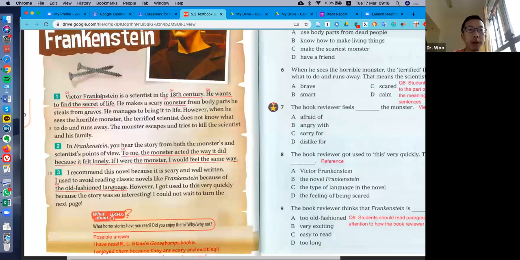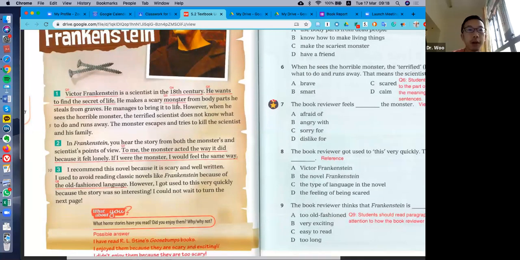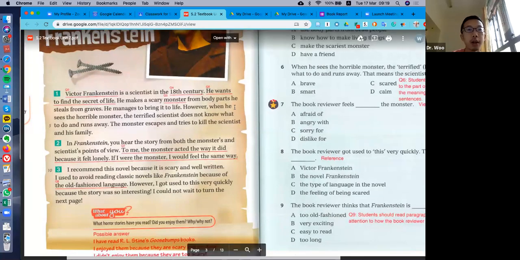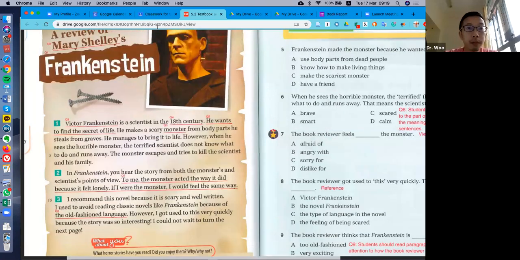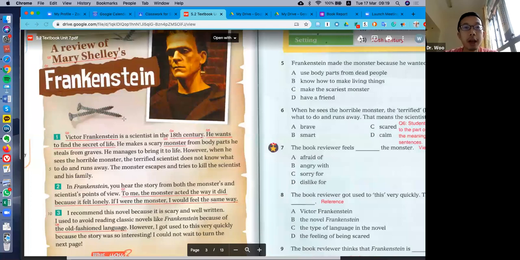So Dr. Wu will go first, then Kirsten, then Mr. Bond, then Victor, then Jermaine, then I will go again. And while we're reading, let's find evidence that this is Frankenstein or that it isn't Frankenstein. I'll say it again.